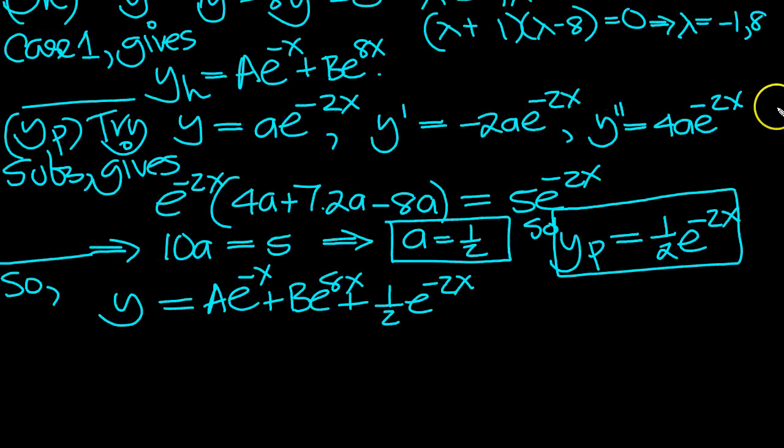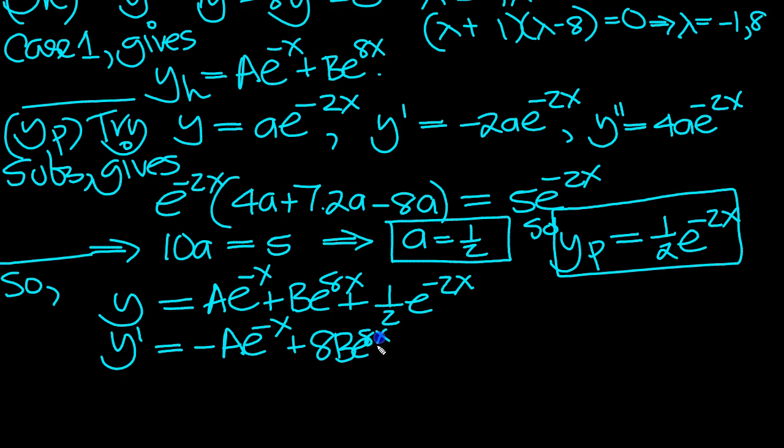So let's just differentiate this, y dashed. The minus comes down, it's minus a e to the minus x. The 8 can come down when we differentiate the next term, 8b e to the 8x. And then the minus 2 comes down to be with the half, plus the minus makes a minus e to the minus 2x.